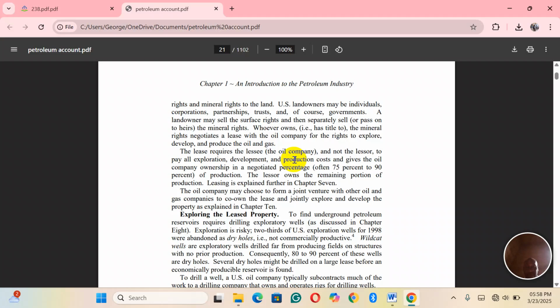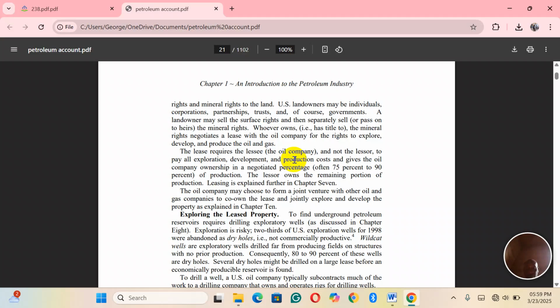The mineral rights owner negotiates a lease with the oil company for the right to explore, develop, and produce the oil and gas. The lease requires the lessee, the oil company, and not the lessor, to pay all exploration and development costs, and gives the oil company ownership of a negotiated percentage, often 75% to 90% of the production.